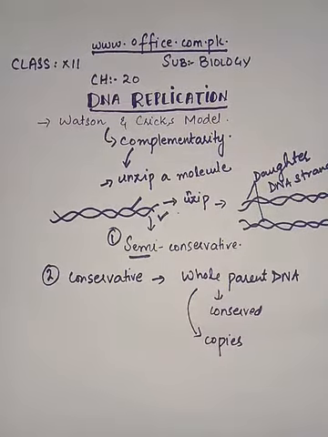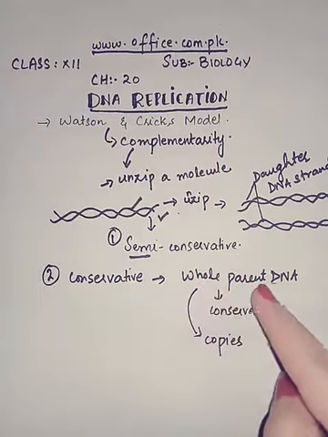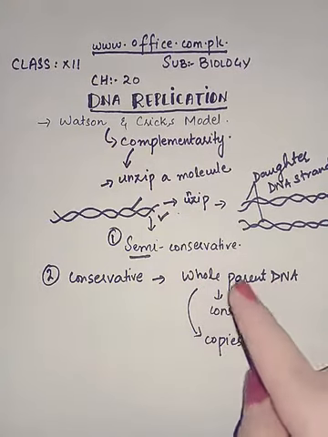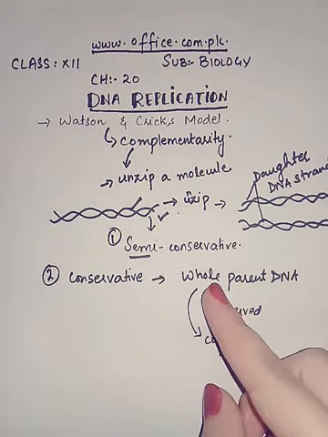For example, you take a page and make an exactly alike photocopy of it, but you keep the original page as it is. So that is the concept of the conservative model. You will have the whole parent DNA conserved, and the new DNA is formed according to the sequence of the parent DNA. It will not require the separation of the strands of the parent DNA.